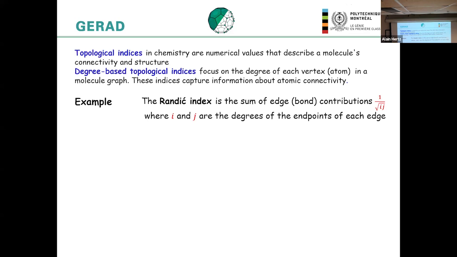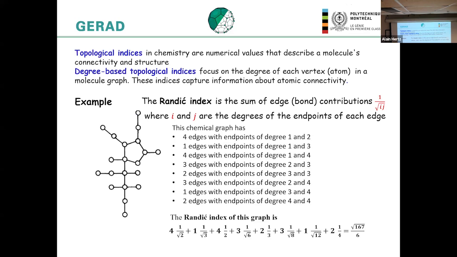And so, for example, I will just give you an example. If you take this graph, you have 4 edges with endpoints of degrees 1 and 2. So degree 1, degree 2, degree 1, degree 2, and so on. So you have 4 such edges. You have only one edge of type 1, 3, which is this one. And you have 4 edges of degree 1 and 4, and so on.